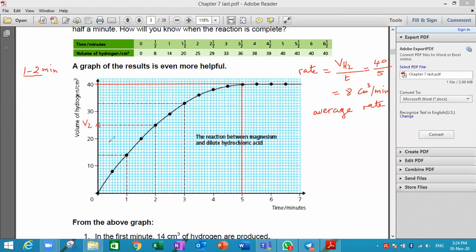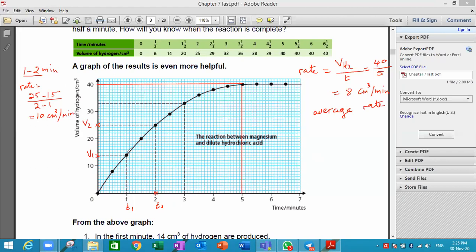I'm going to say V2 over V1, and this is T2 minus T1. So here I have 25, so the rate equals 25 minus 15 divided by 2 minus 1. And so I get the rate equals 10 centimeter cube per minute.